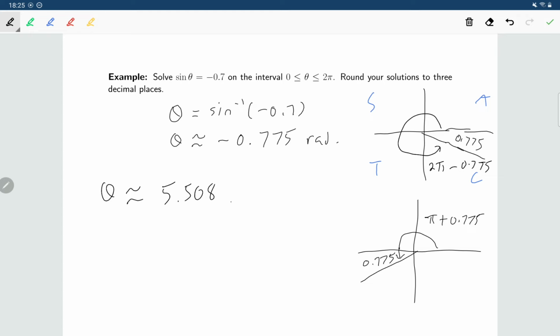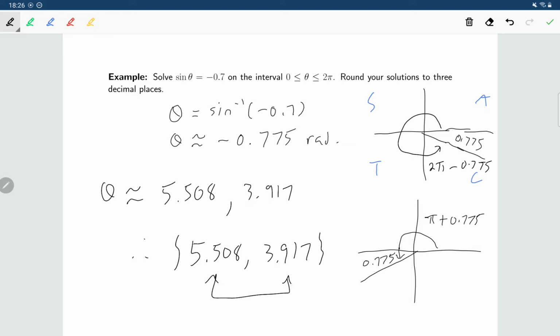And the other solution that we find is pi plus 0.775, which is 3.917. So we find approximately two solutions, 5.508 and 3.917. And both of these, again, are values in terms of radians.